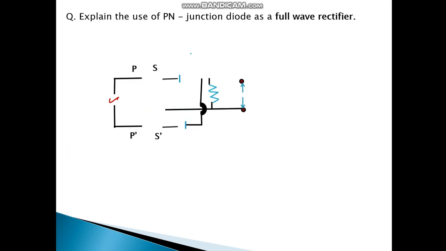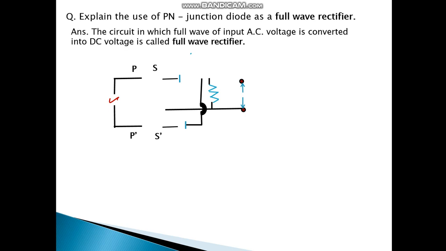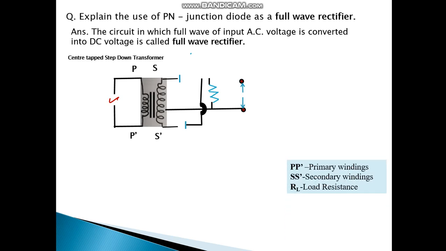Now, let us see the use of PN junction diode as a full-wave rectifier. A circuit in which full wave of the input AC voltage is converted to DC voltage is called a full wave rectifier. Now this is our center tapped transformer, the step down transformer.